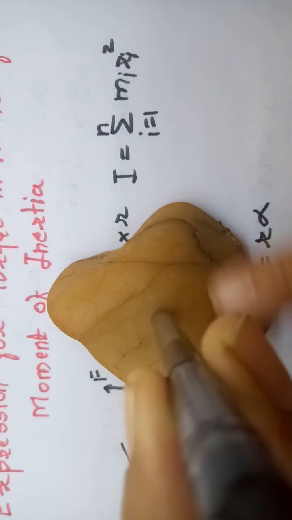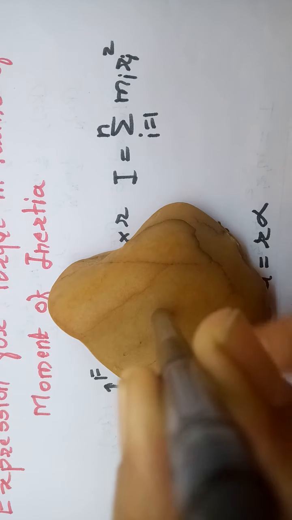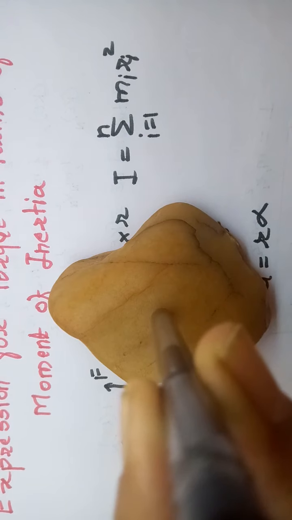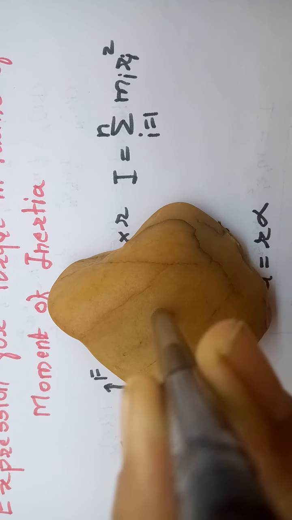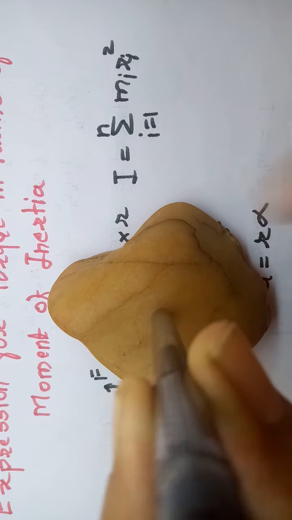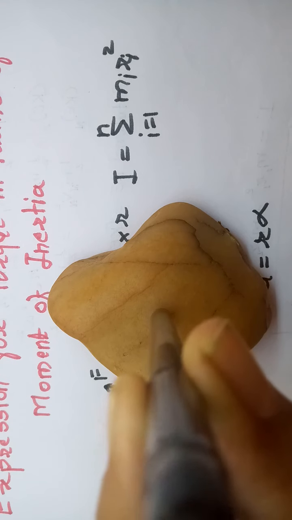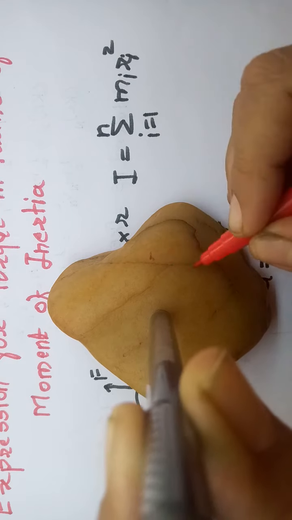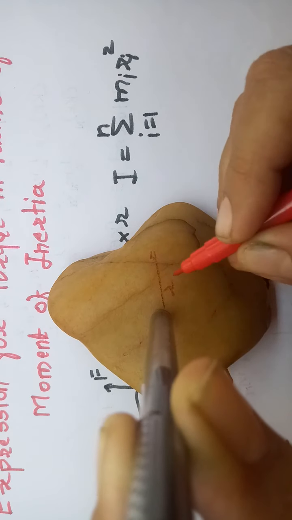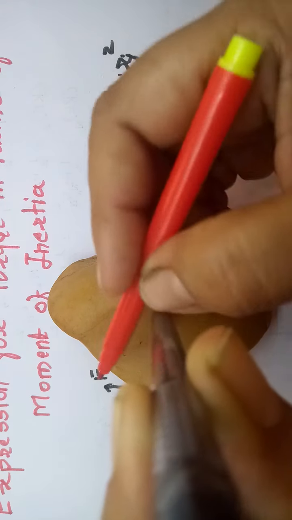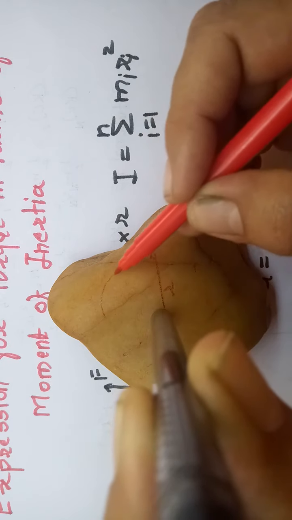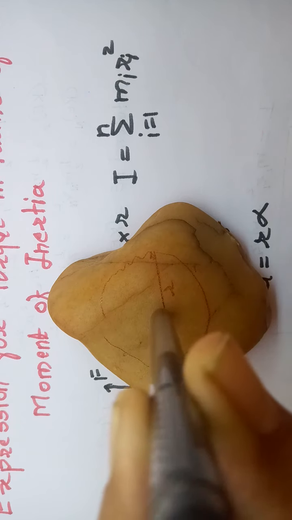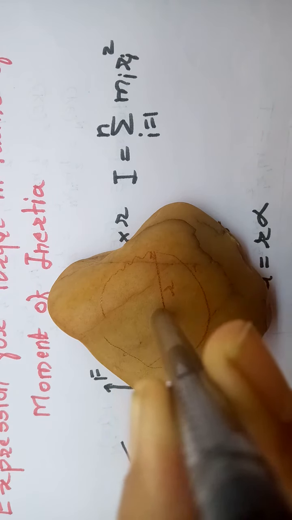That is, the axis is perpendicular to the plane of paper, and when the body rotates, we consider the body rotates with constant angular acceleration alpha, and as the body rotates, every particle on that body will perform circular motion. When the body rotates, each particle will revolve in a particular circle. This phenomenon we use here.